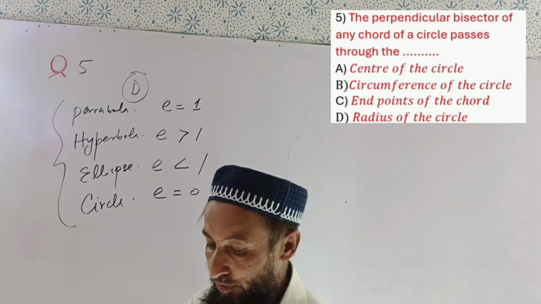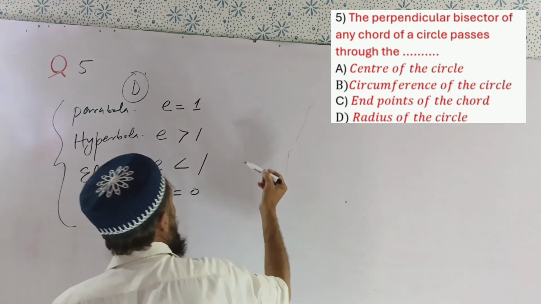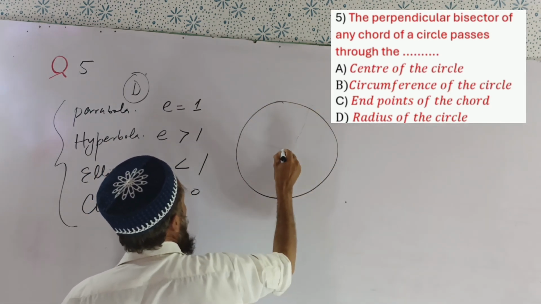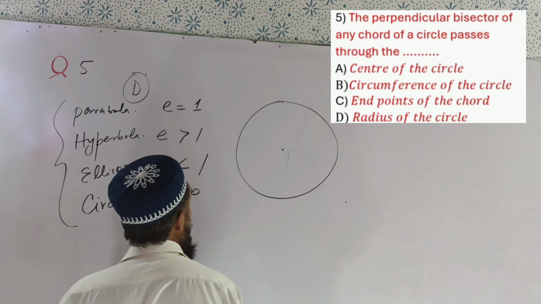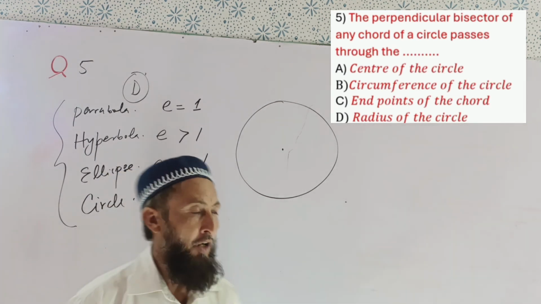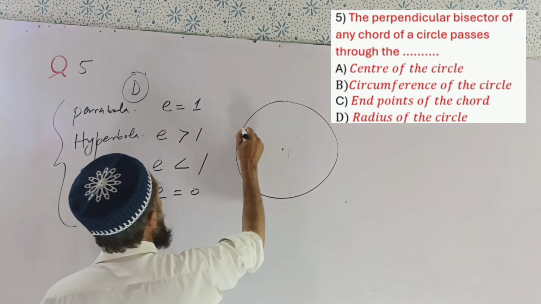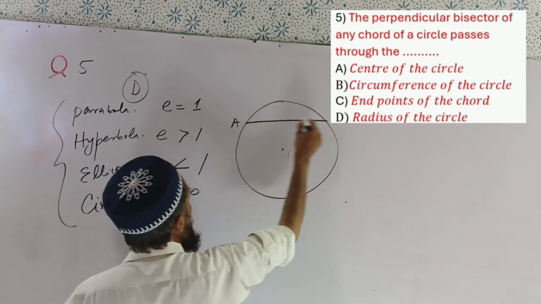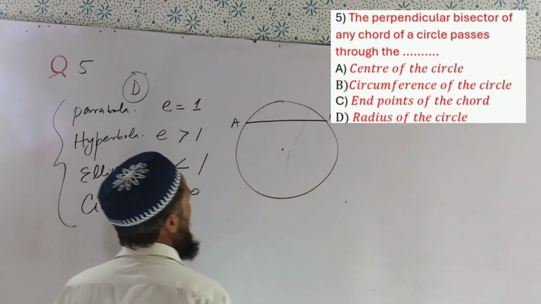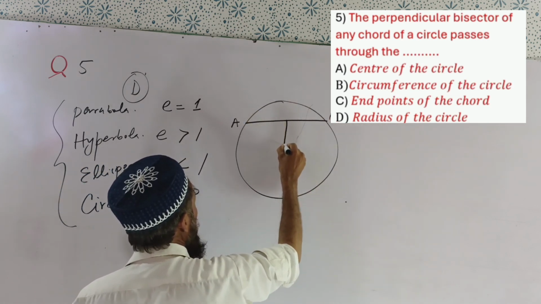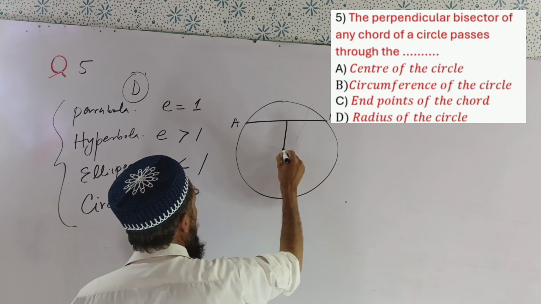We draw a circle with its center, and any chord. For example, that is chord AB. AB is the chord, and we draw the perpendicular bisector from the center.